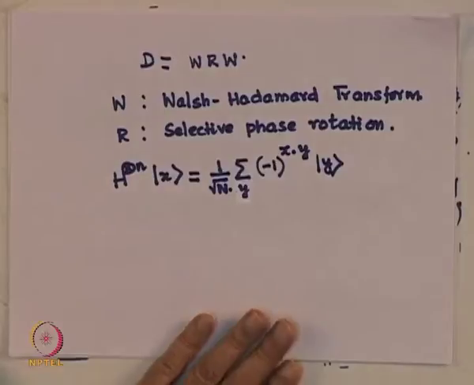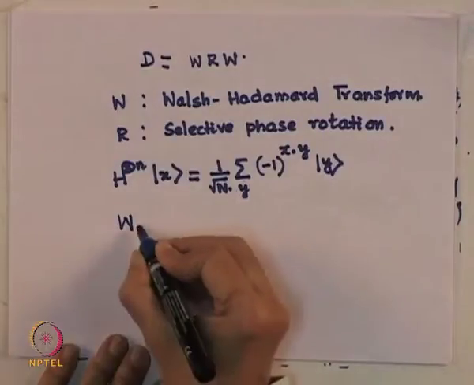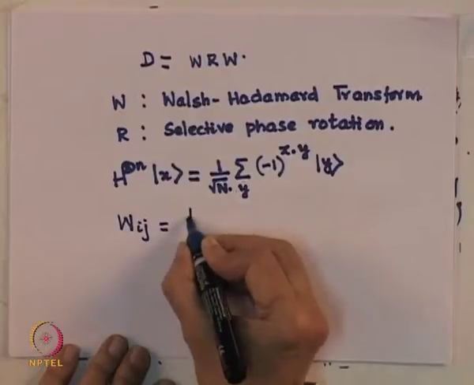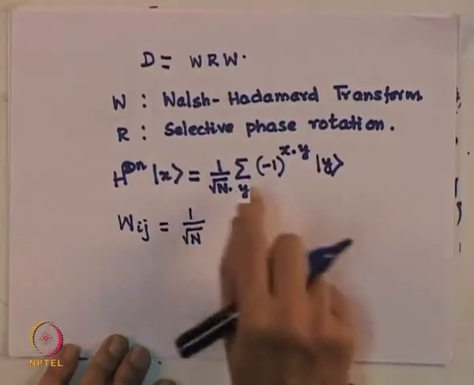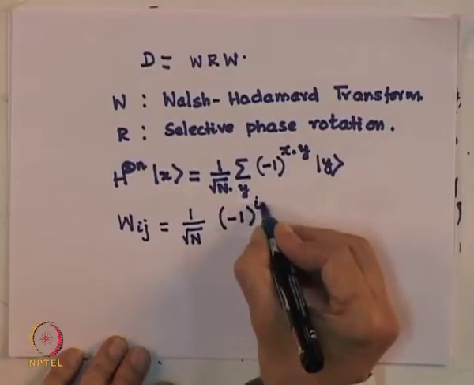Now this is simply a trivial extension of the fact that on a single qubit the Hadamard transform gives me 1 over square root of 2 times 0 plus minus 1 to the power x times 1 when it acts on x. That is because acting on 0 it gives you 0 plus 1 by square root of 2, acting on 1 it gives you 0 minus 1 by square root of 2. So what I called the Hadamard transform has matrix element w_ij which is equal to 1 over square root of n times minus 1 to the power i dot j.